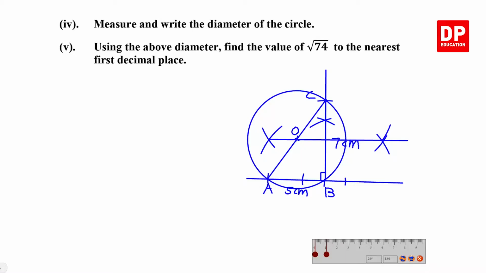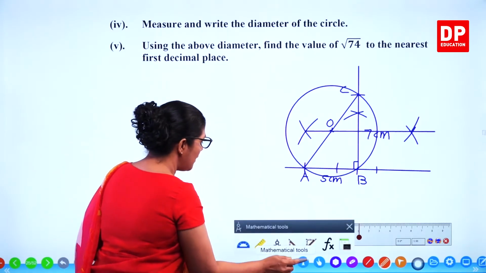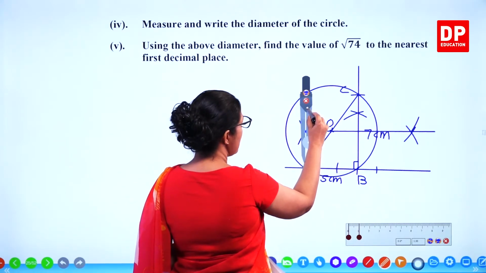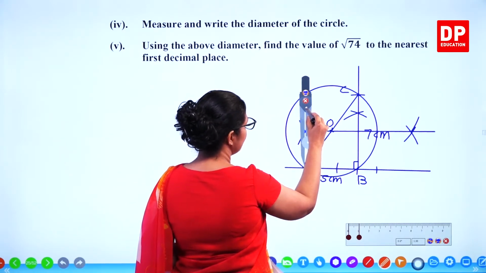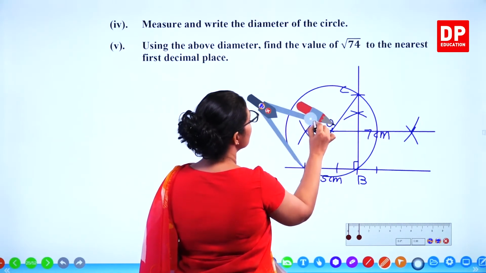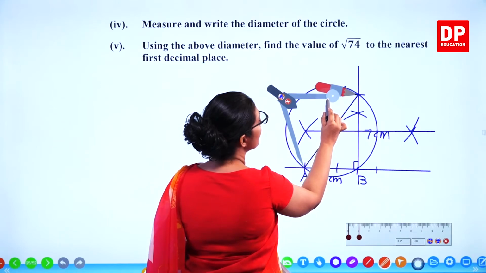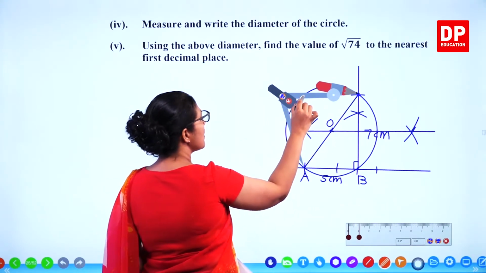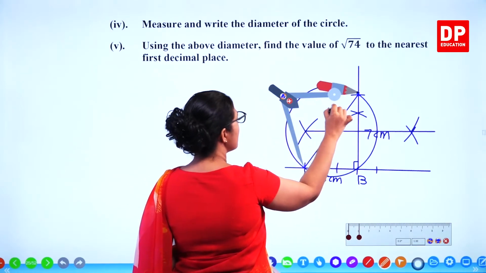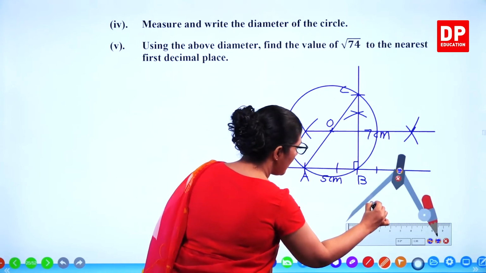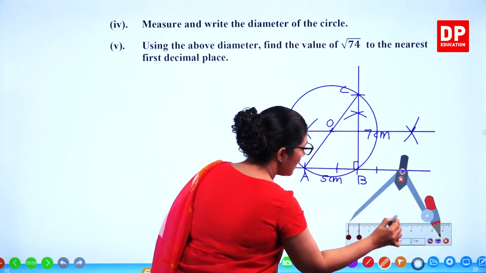Next part, measure and write the diameter of the circle. So you need the compass. So diameter is AC. Here to here. So we'll keep that on the ruler and measure the AC length.